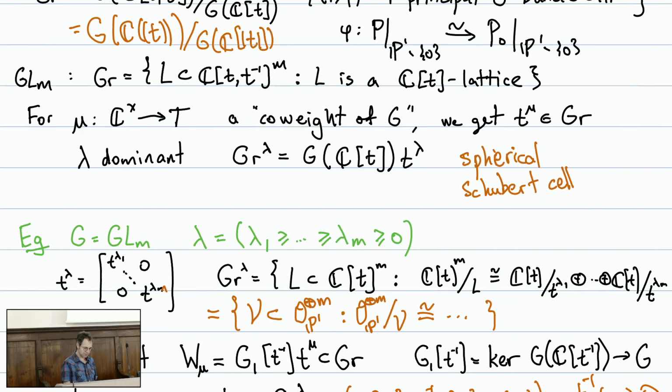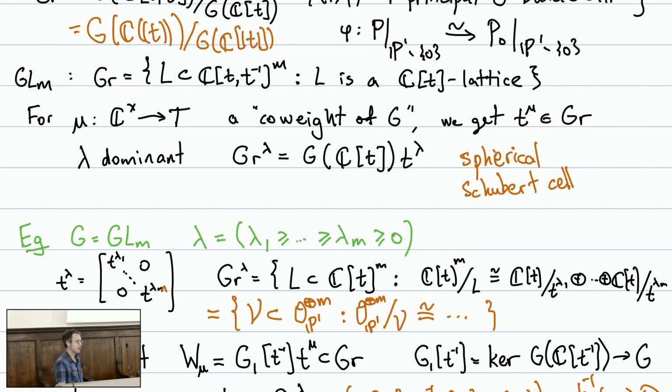If you prefer vector bundles, you can say we have a rank M vector bundle which is embedded as a subsheaf of the trivial rank M vector bundle. So this is an inclusion not of vector bundles, but of coherent sheaves, such that the quotient is supported at the point 0 and is isomorphic to the coherent sheaf defined by this expression here. Okay, so that was Gr lambda.